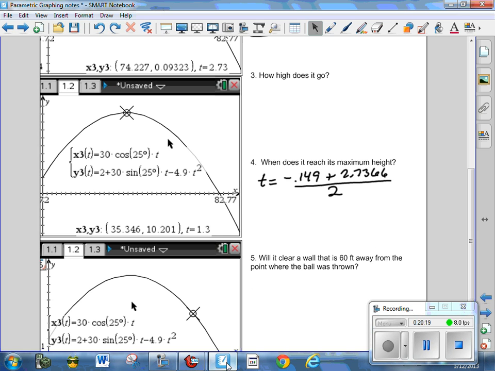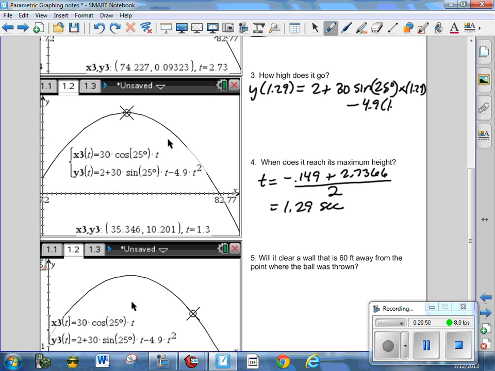Okay, so back up here. So this was 1.29 seconds. So then we would say y of 1.29 is equal to 2 plus 30 sine of 25 degrees times 1.29 minus 4.9 times 1.29 squared.